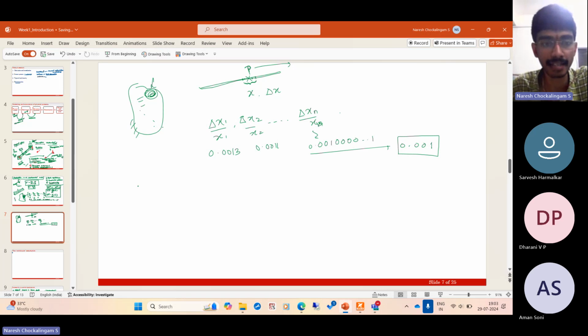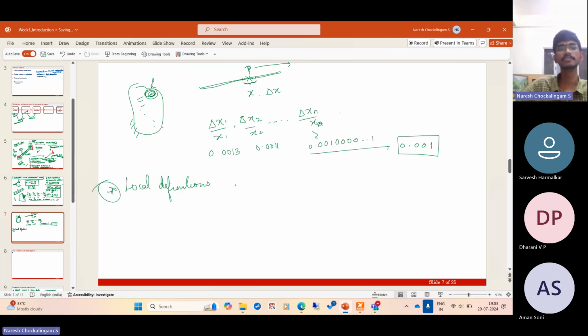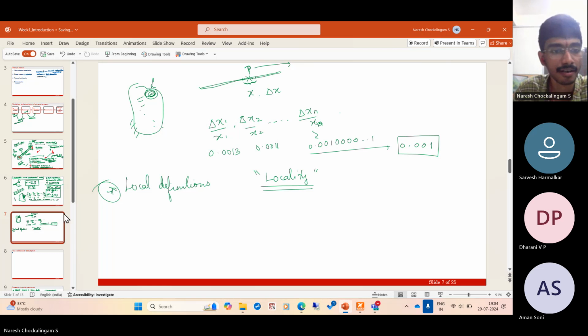So stress and strain are local definitions. In continuum mechanics, there is an axiom of locality. Locality means the stress at a point depends only on the strain at that point. Let us take two points, P and Q, separated by some distance.